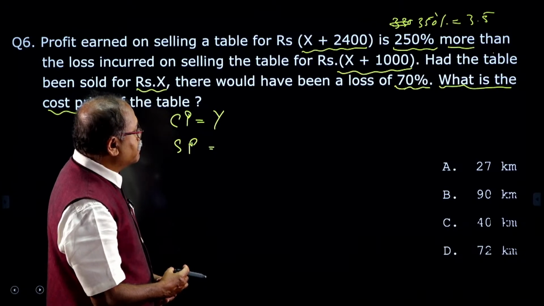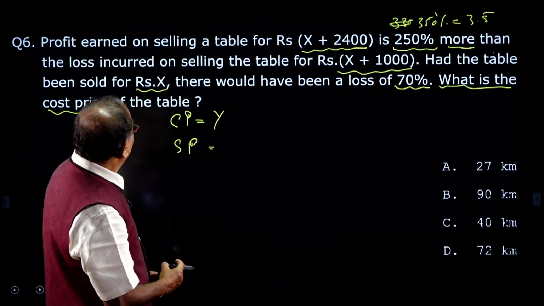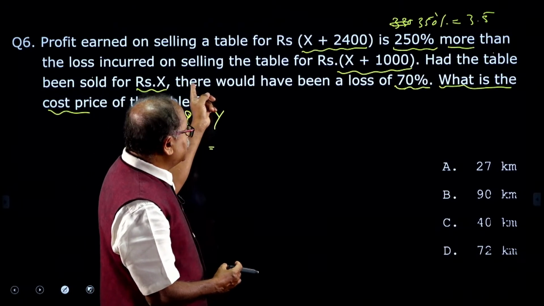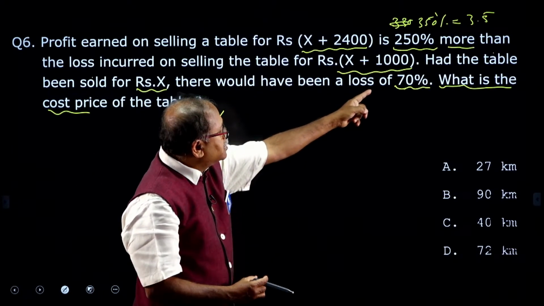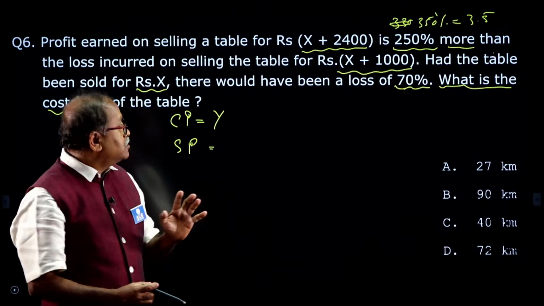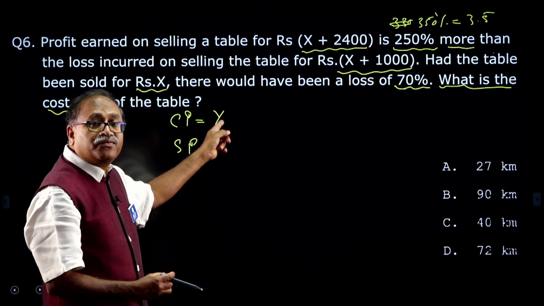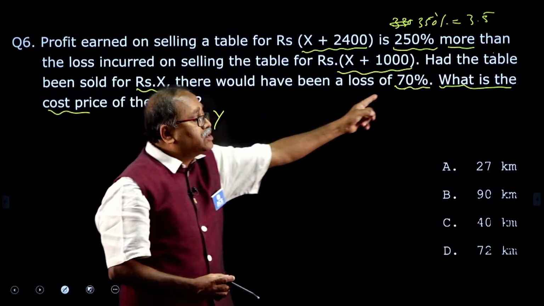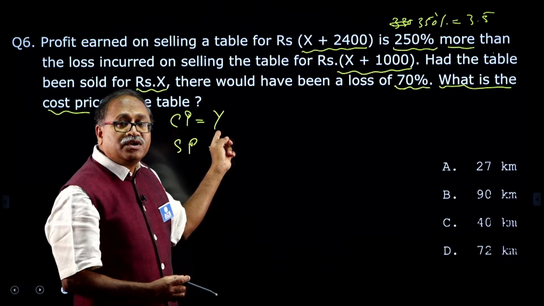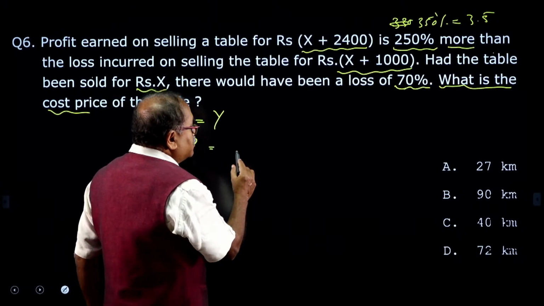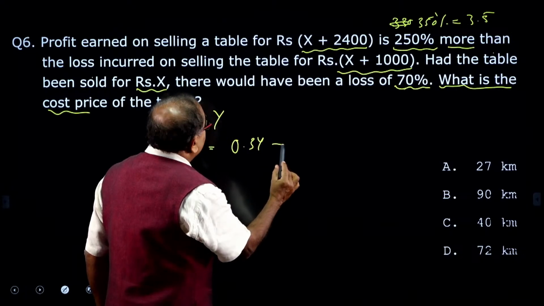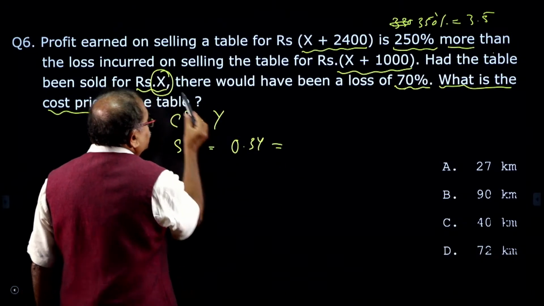When you are selling at a loss for rupees x, you are getting a loss of 70%. That means 30% of cost price. If there is a loss of 70%, that means the selling price is 30% of cost price. So, can I write down this as 0.3y is equal to this capital X?